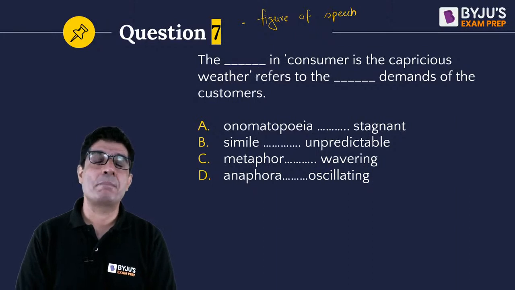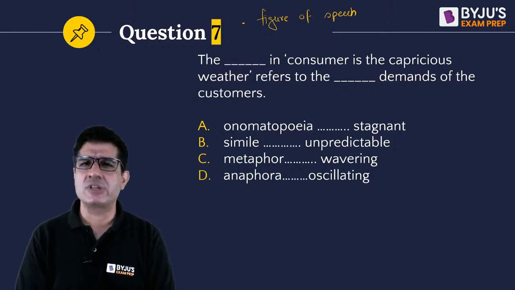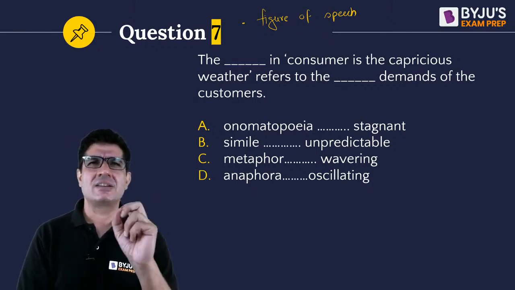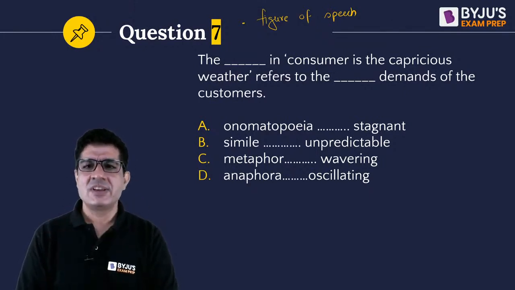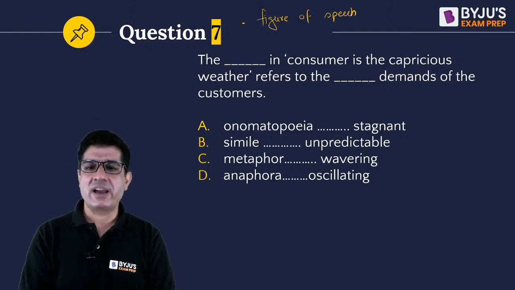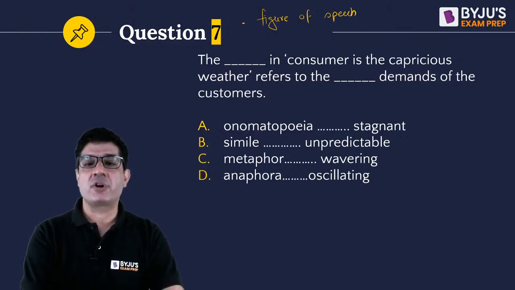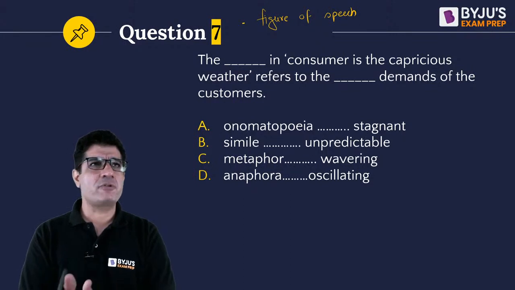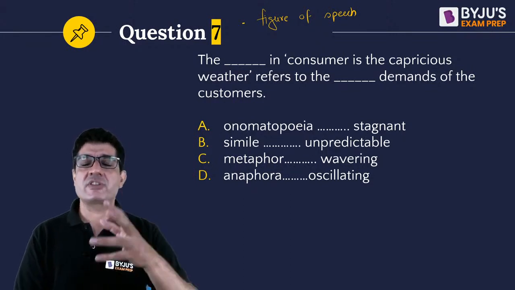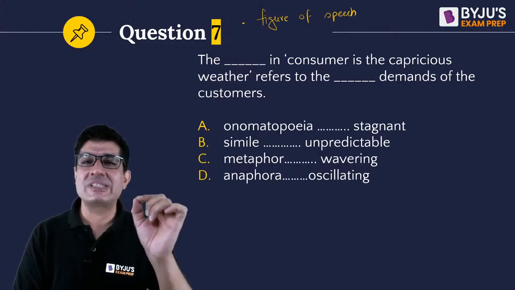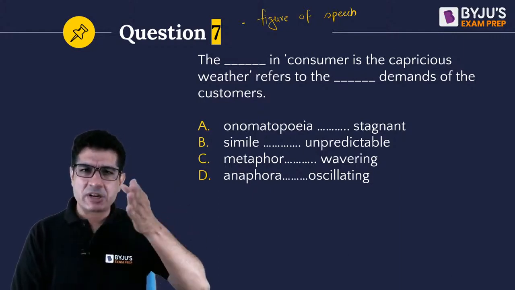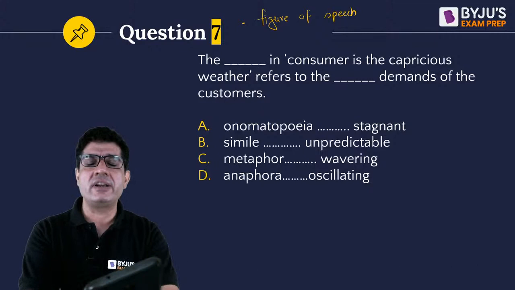Simile is comparison between two unlike things using words like, as if, as though. Metaphor is comparison without using like. And then you have this word called anaphora. So anaphora is when different expressions happen to have the same word or same set of words at the beginning. So when the same set of words repeats, you call it anaphora.